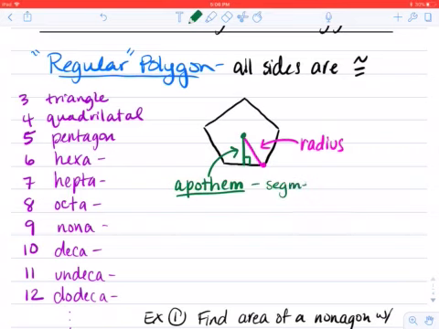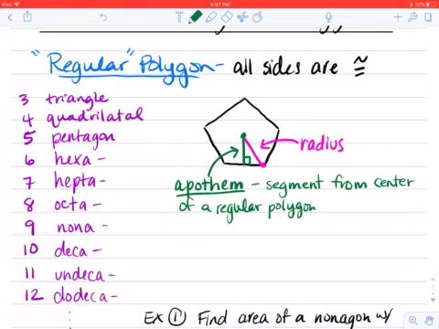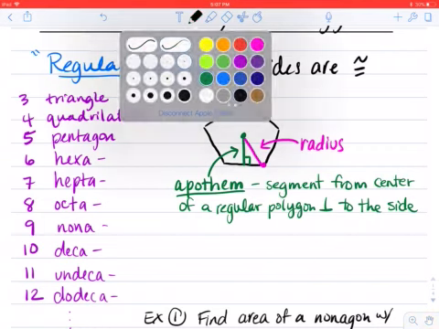What it is is the segment from the center of a regular polygon, so they have to have congruent sides, perpendicular to the side. That is the apothem.